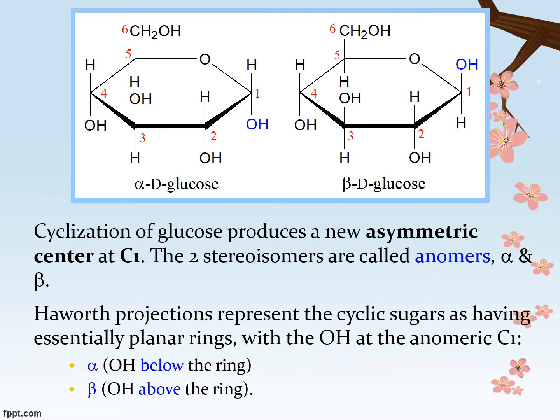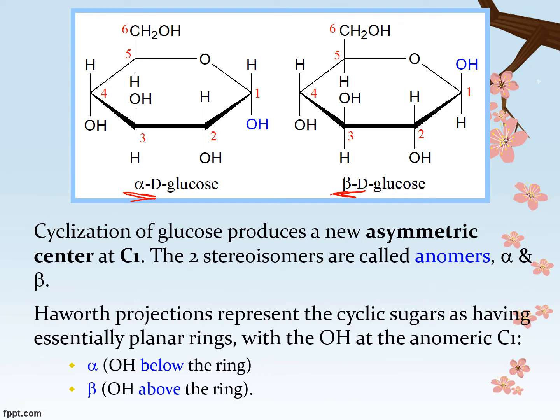Now, the cyclization of this glucose will produce a new asymmetric center at C1. So the two stereoisomers are now called anomers, alpha or beta. So we have an addition. Just now we have either D or L, right? Now we have beta or alpha in front of the D or the L, an addition due to the cyclization just now.